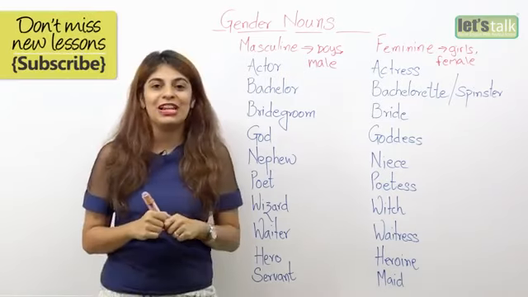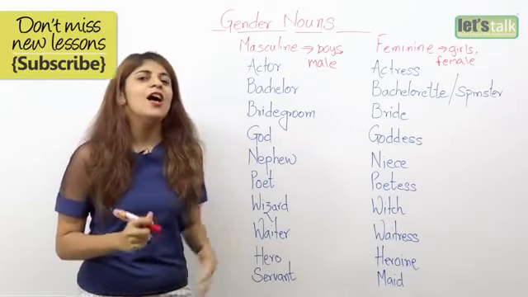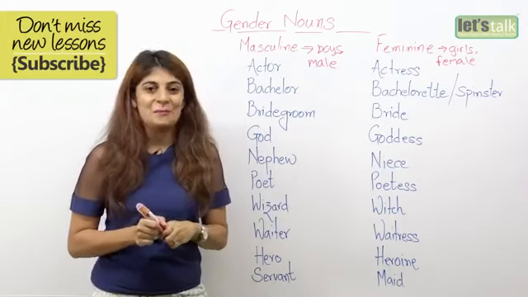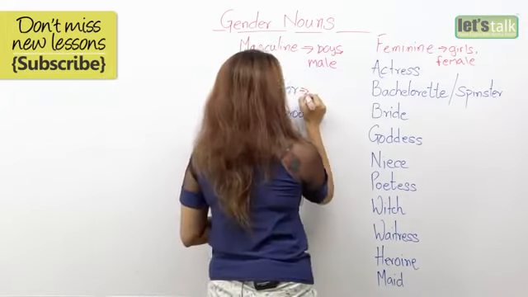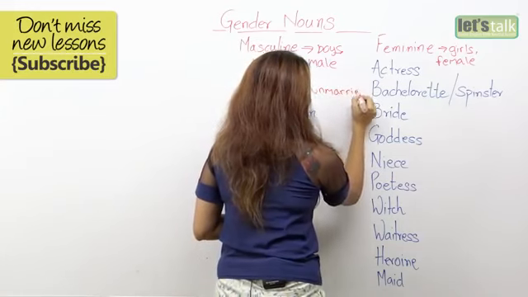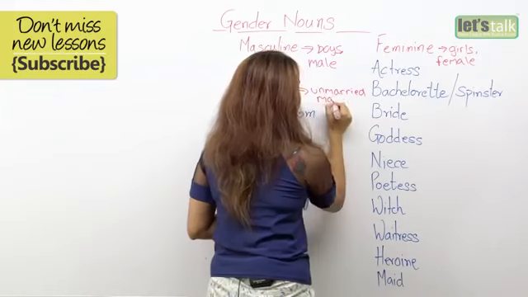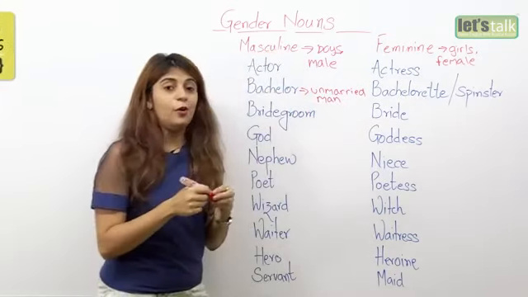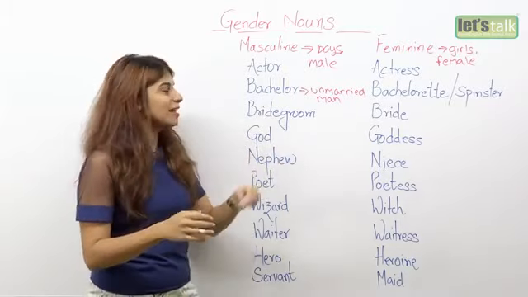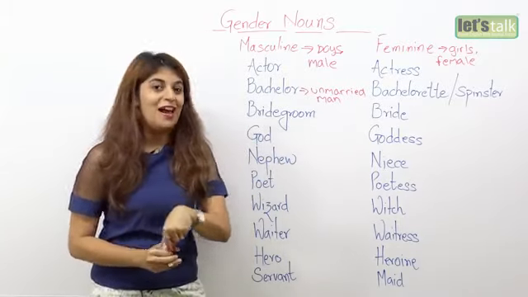Well, bachelor is the lucky one. So who is a bachelor? Well, an unmarried man. So a boy or a man who is not married yet is called a bachelor.